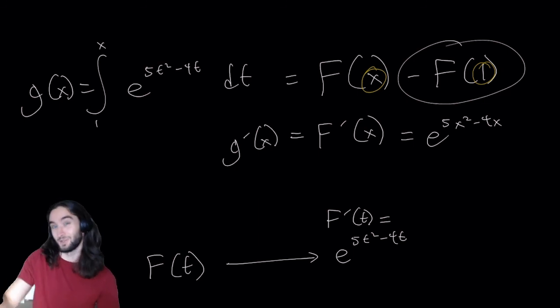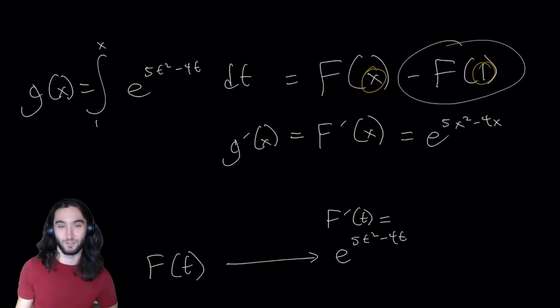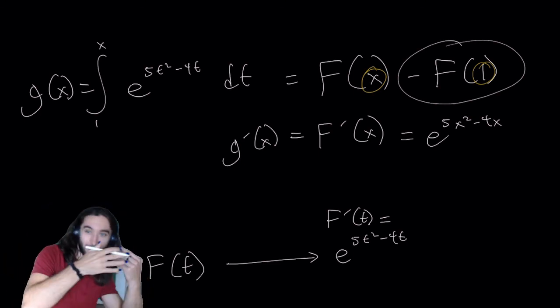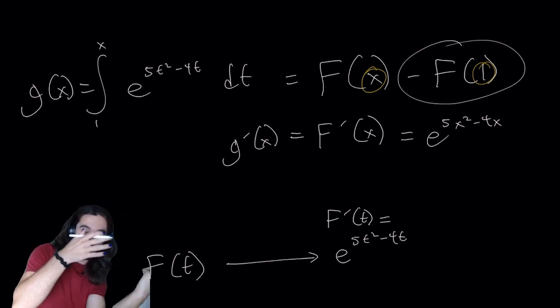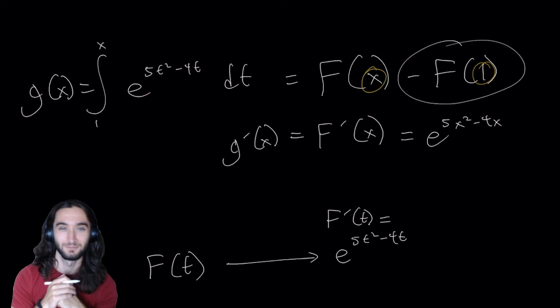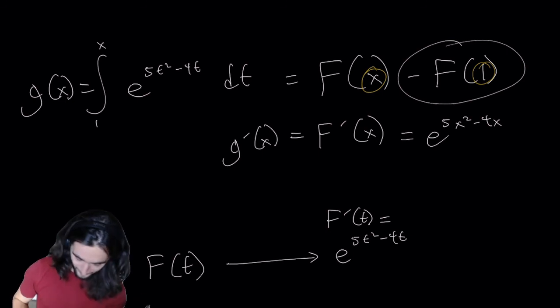And so it works out to be the exact original function that we started with, according to the fundamental theorem of calculus, which is that to do the integral, you need to take the antiderivative, and then we needed to take the derivative. So boom, those just cancel out. Easy peasy.